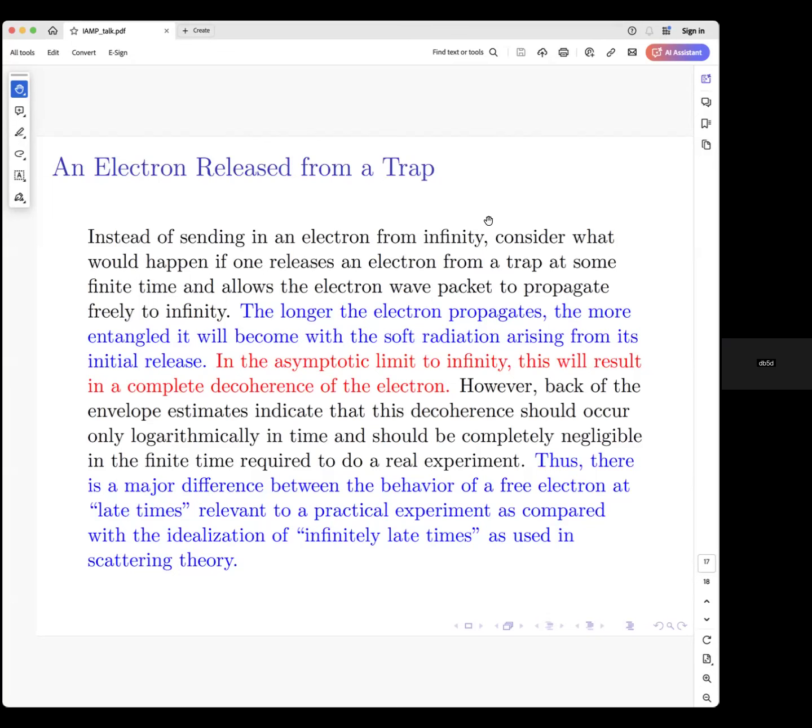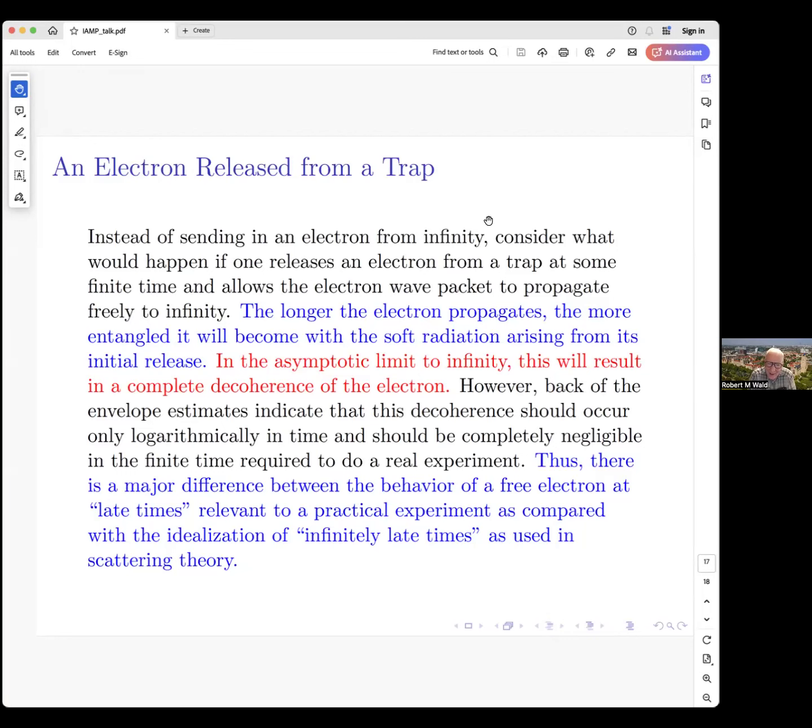I see. I was thinking that taking a very long time to release the wave packet would reduce the amount of radiation that is created. Well, so that will. The question then is time over the release time or something. This is very rough back of the envelope stuff, so don't take any of this too literally, but that is giving an idea.